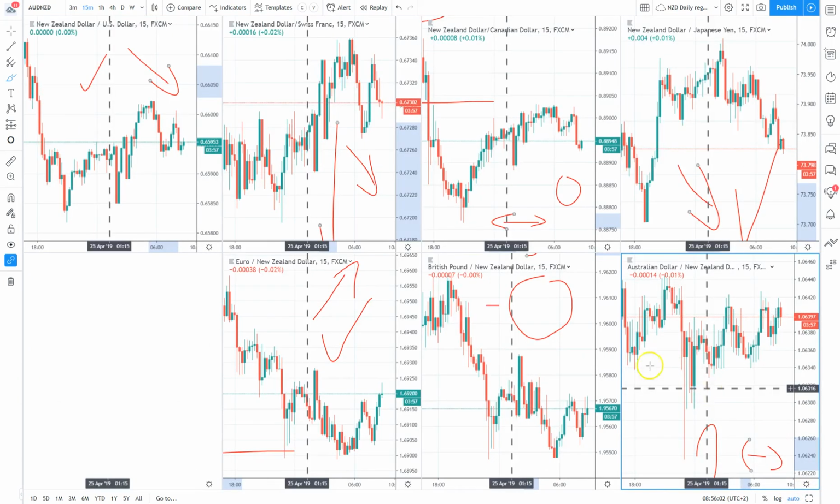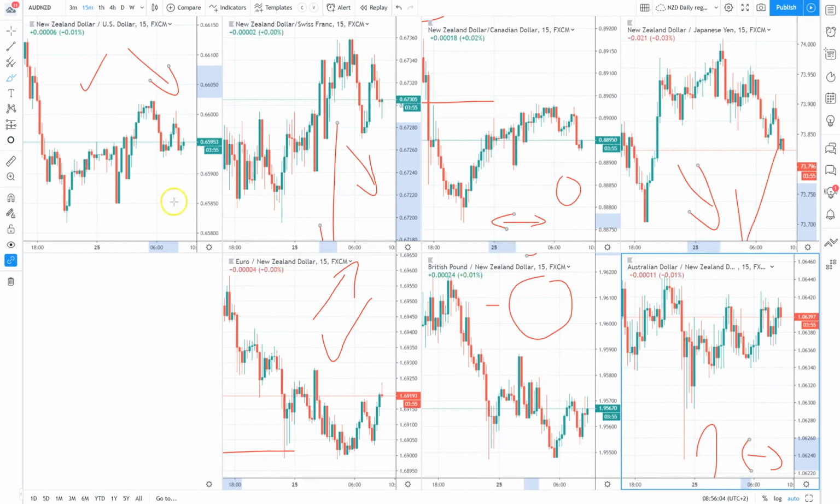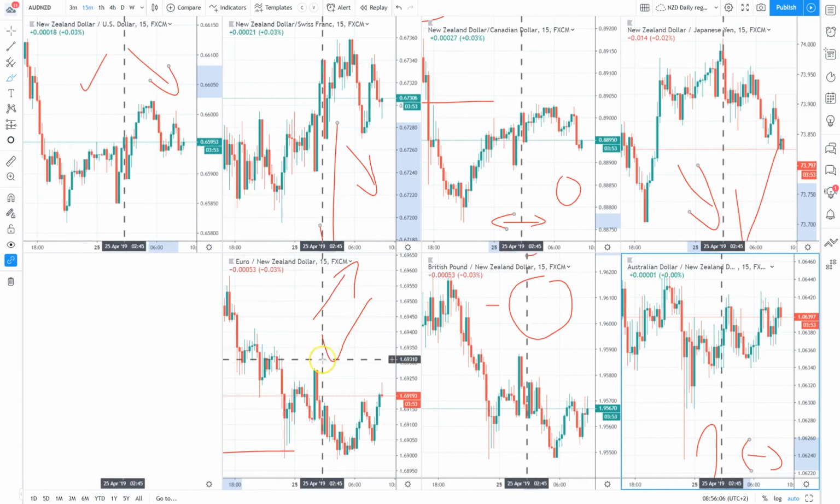So from these 7 pairs, we have 1, 2, 3, 4 very clear pairs, and the other 3 are less clear or not clear at all.